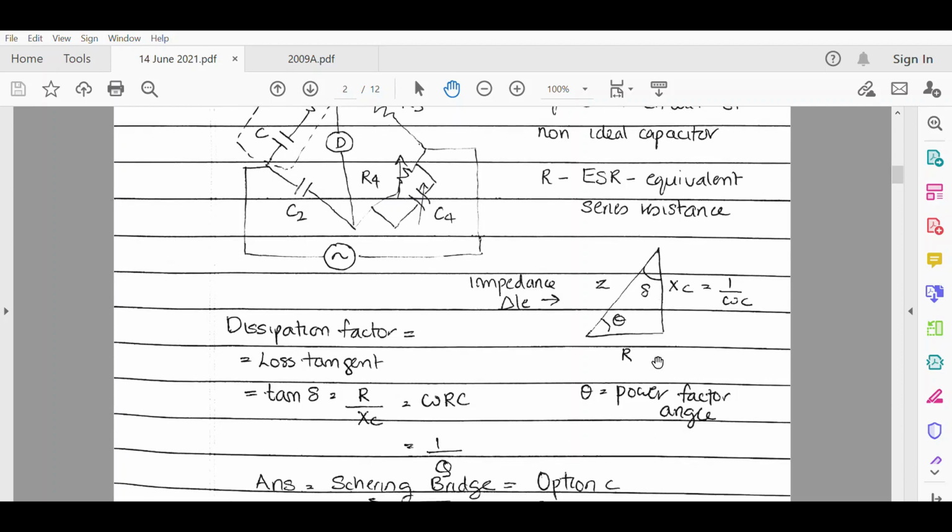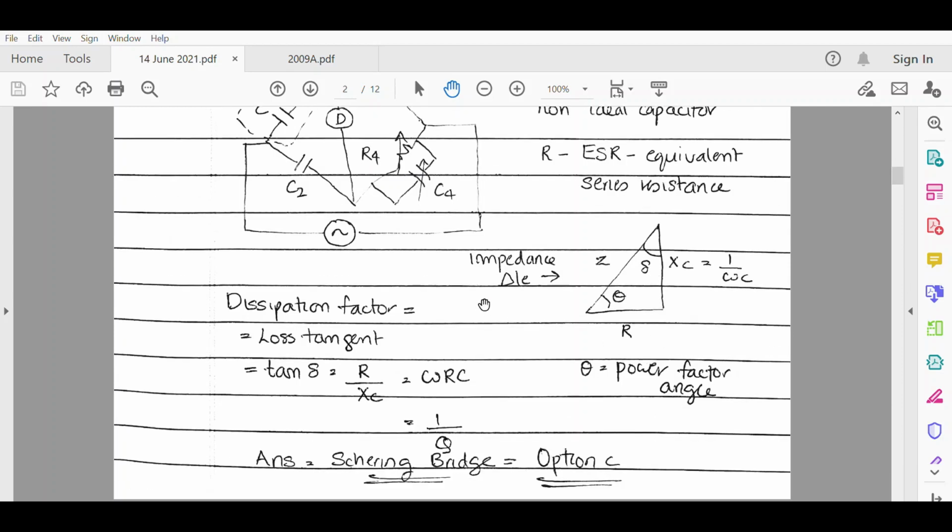Now this dissipation factor, also called loss tangent, is equal to tan delta, and tan delta is, as we note from this figure, R divided by the capacitive reactance, and we obtain tan delta as omega RC.